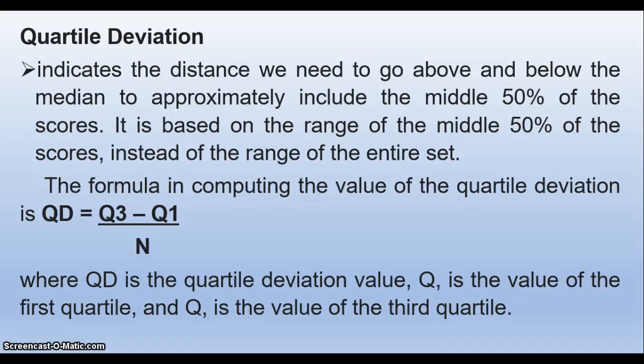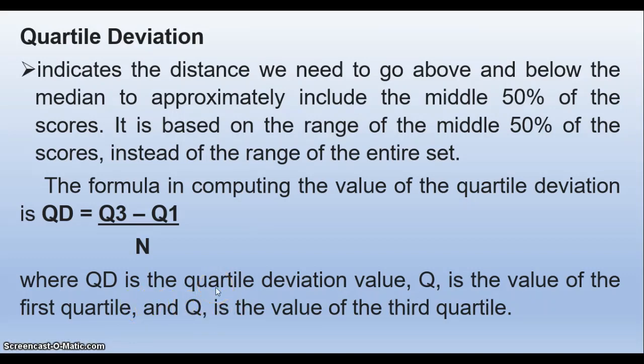So the formula in computing the value of the quartile deviation is QD equals Q3 minus Q1 over N, where N is the total number of population. QD is the quartile deviation value, Q1 is the value of the first quartile, and Q3 is the value of the third quartile. I'm sorry that 1 and 3 were not placed there.